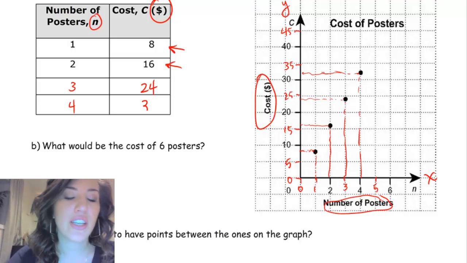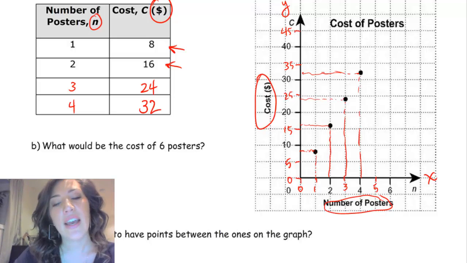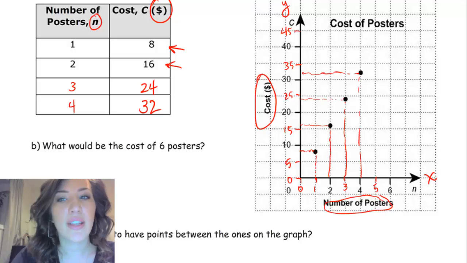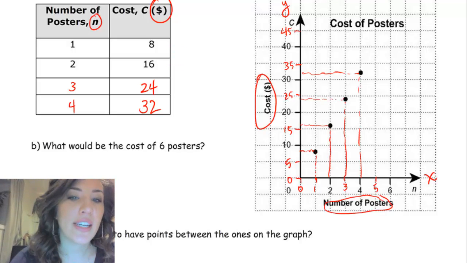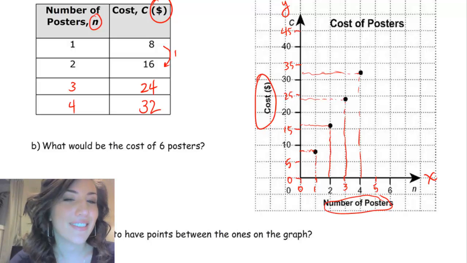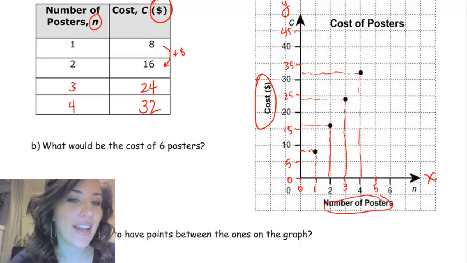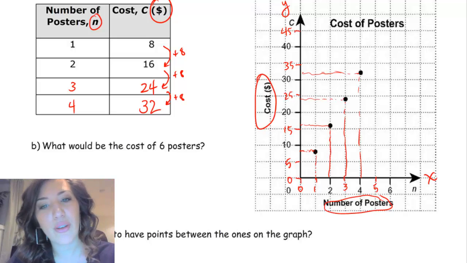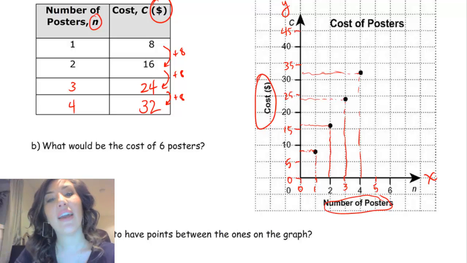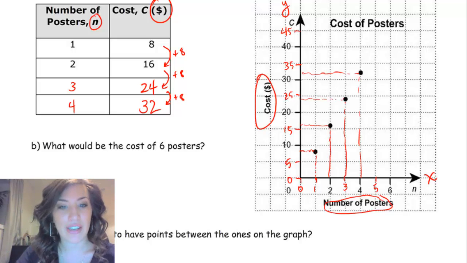And the reason I say 32 is because I've noticed a little pattern forming. From 8 to 16, you add 8. 16 to 24, you add 8. So these are all multiples of 8. So that's why, even though it could be 33 maybe, I wrote 32, because I'm noticing that all the numbers go up by 8 every time.